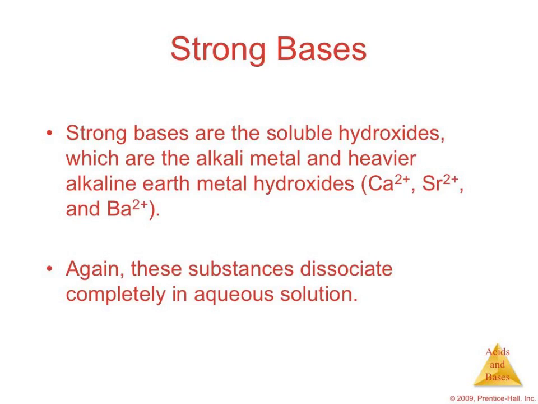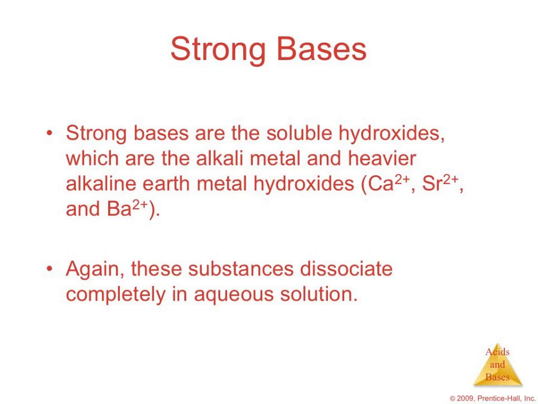And the heavier alkaline earth metals, so calcium, strontium, barium, basically calcium down on the periodic table. The reason for that is that beryllium hydroxide, which is Be(OH)2, and magnesium hydroxide, Mg(OH)2, are not very soluble in water.